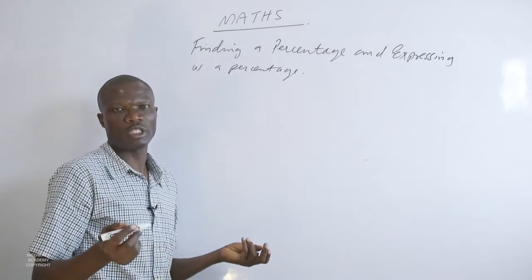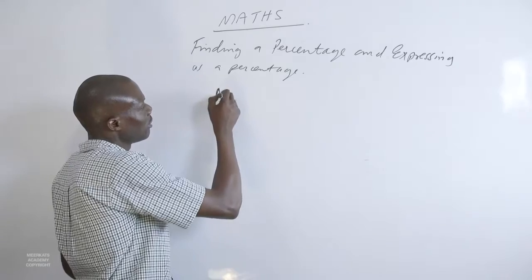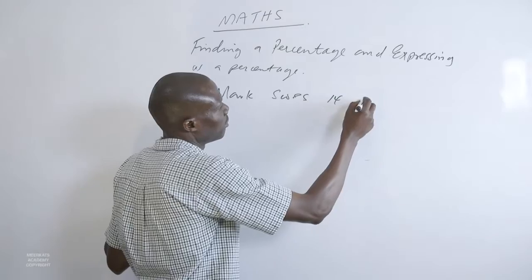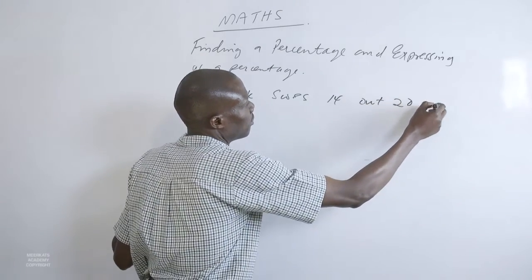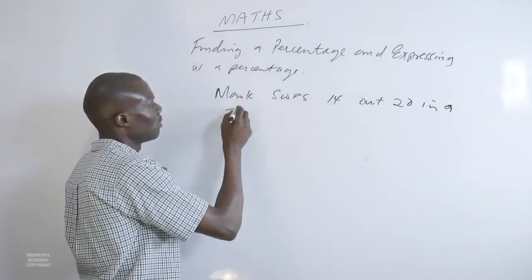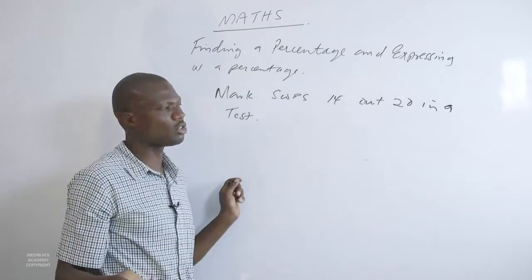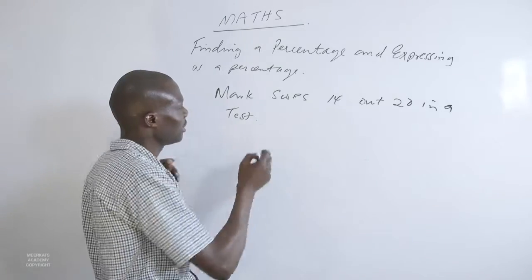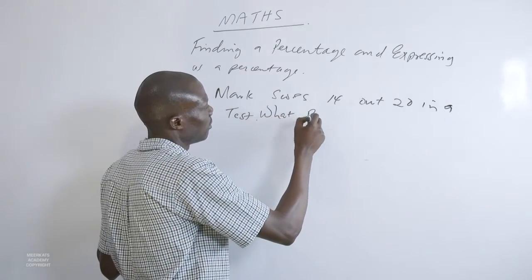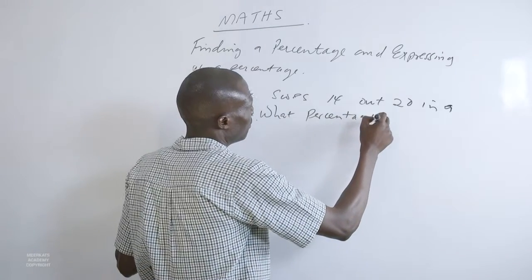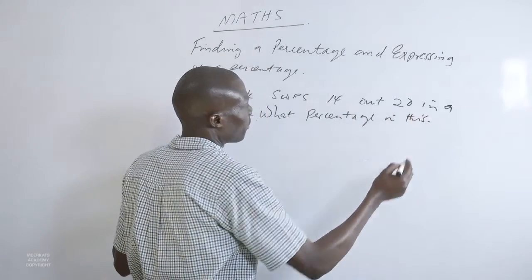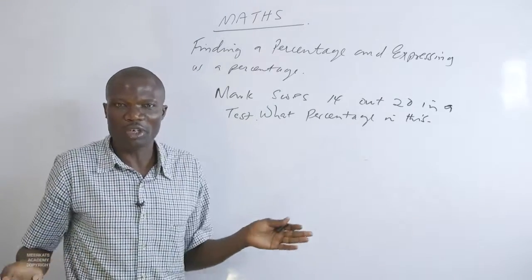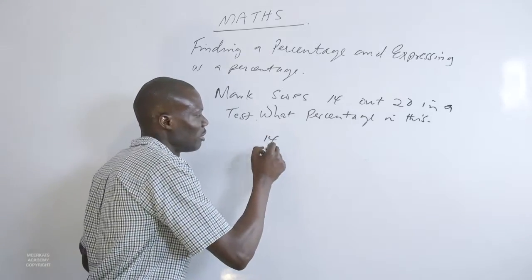Let us take, for example, Mark scores 14 out of 20 in a test. What percentage is this? The part of the whole is the numerator, which is what? 14.